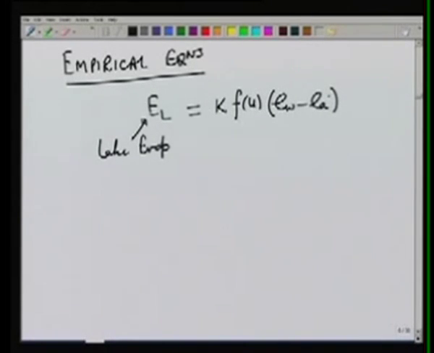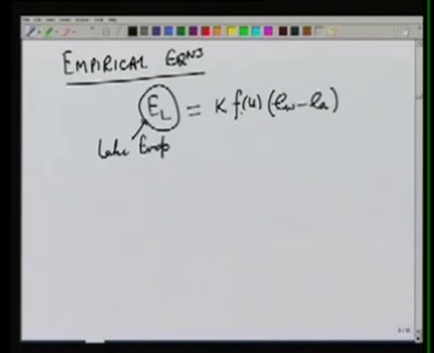Most of the empirical equations are based on a particular area in which the experiments have been conducted. EL has been measured, wind speed has been measured, the delta E has been measured, and K has been obtained from that experiment.